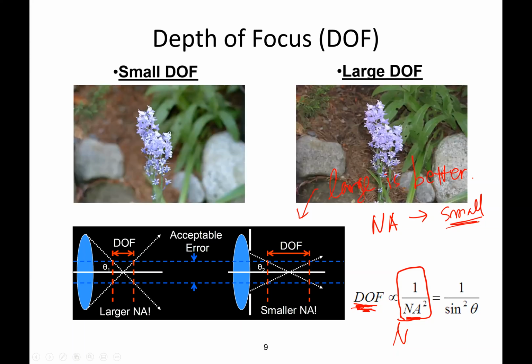Oh yeah, I didn't show this. So small depth of focus, large depth of focus, right? Normally a large depth of focus is better to define the pattern over the various topology of the structures, to generate a fine image at various heights on the surface structures. So a large DOF is always desirable.